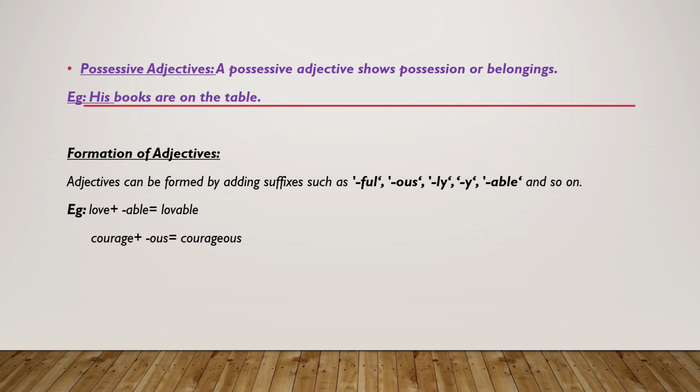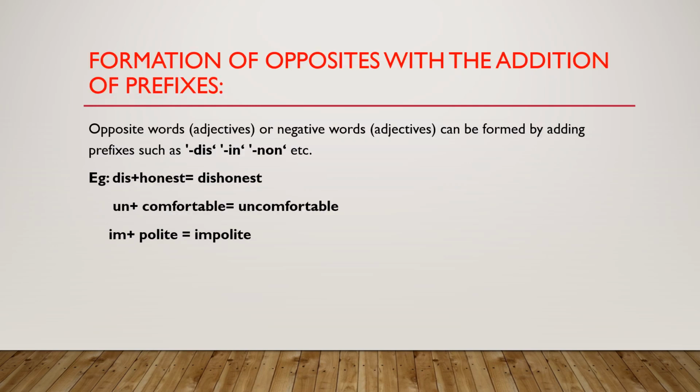Possessive adjectives. A possessive adjective shows possession or belongings. Example, his books are on the table. His shows the possession of books. Formation of opposites with the addition of prefixes.